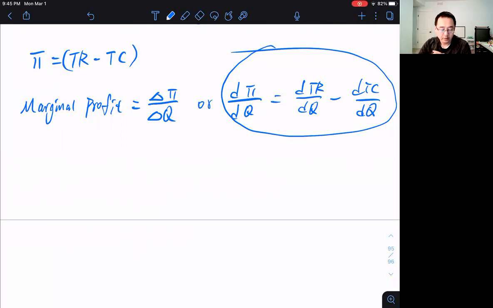But for now, I want you to understand what a derivative is, which is the rate of change at any given point on a curve. The curve, of course, is representing a function, and then it's calculated by taking the limit of going from that point to a different point as that distance approaches zero.